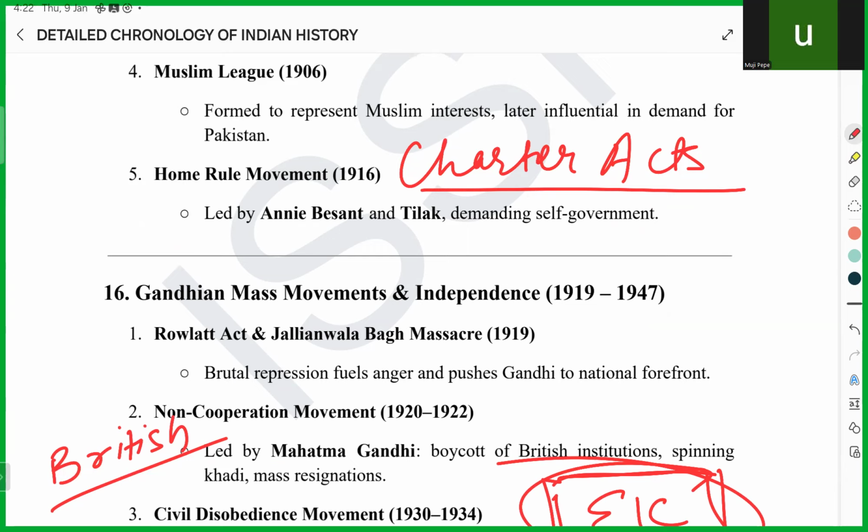And then the British Empire directly started to form government here and control the areas. Is it clear to everybody?